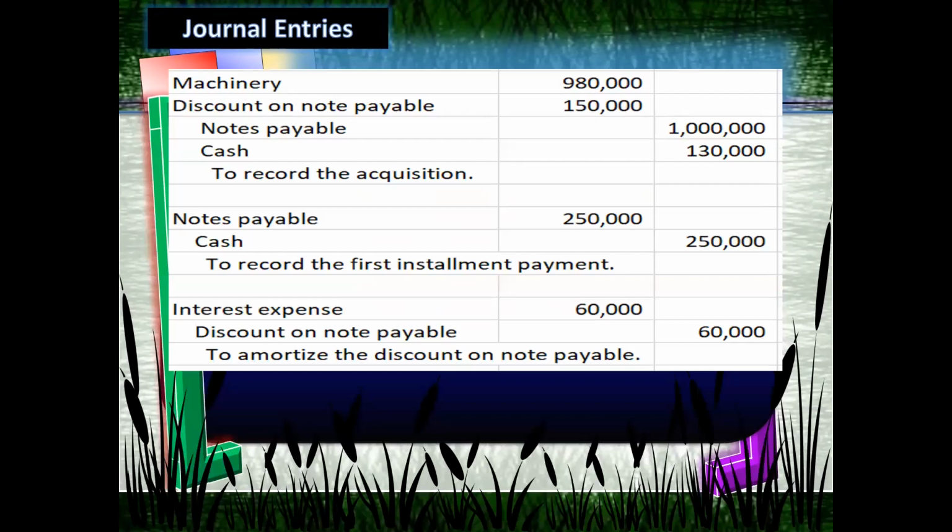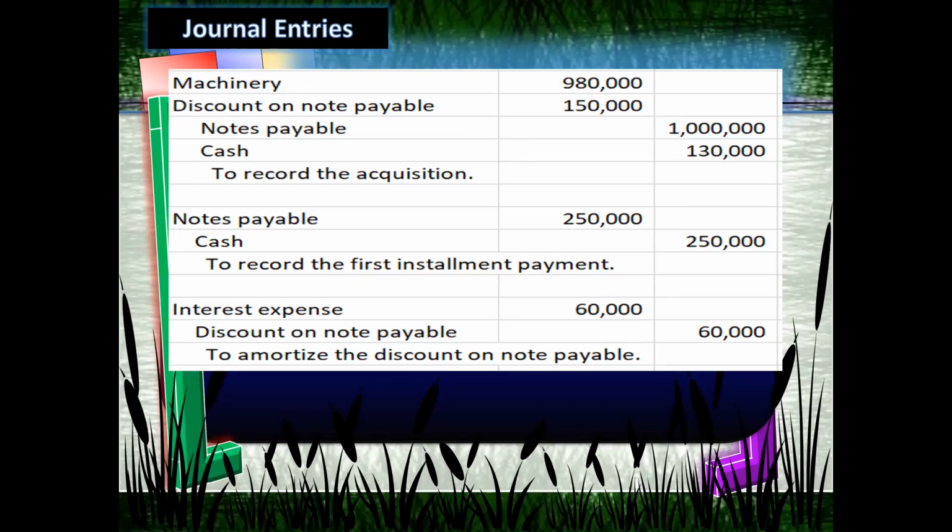So, yun yung ating notes payable. Etong cash, saan galing yung cash na 130,000? So, yung cash na 130,000 galing sa down payment na 100,000 and aside from the down payment na 100,000, there's also the cost incurred in relation to installation cost.